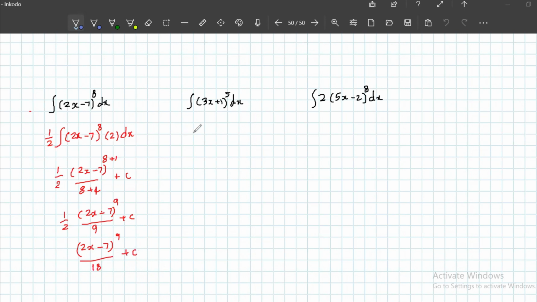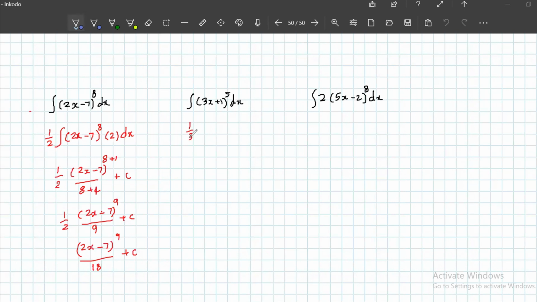So if we check one more question, exactly same concept, but the inside function is 3x plus 1. So in this situation, the derivative of 3x plus 1 is 3. So it means we need to bring 3 so that we can apply the integration concept of the form (ax plus b) whole power n.